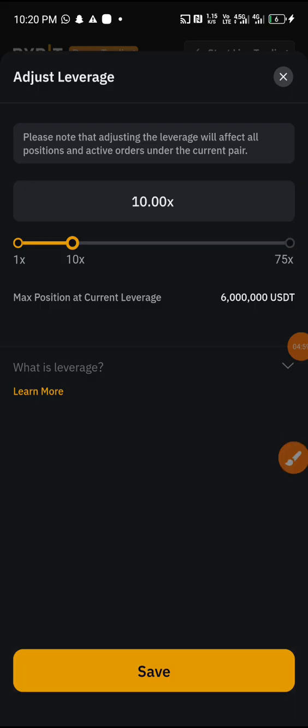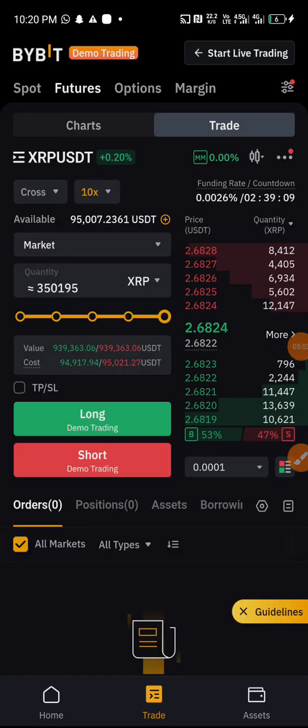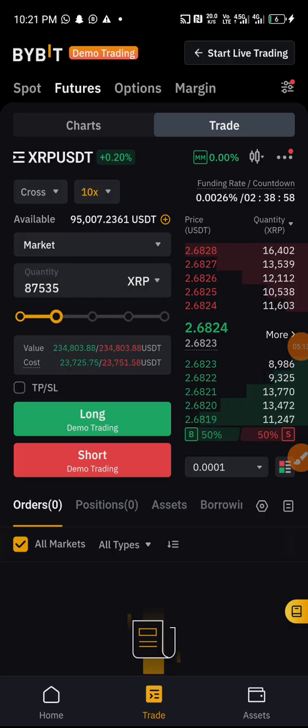Okay, so for now, let's say I'm taking the 10 leverage. I'm taking a 10 leverage here. Let me reduce this trade so that we can truly understand. How much will this cost me?